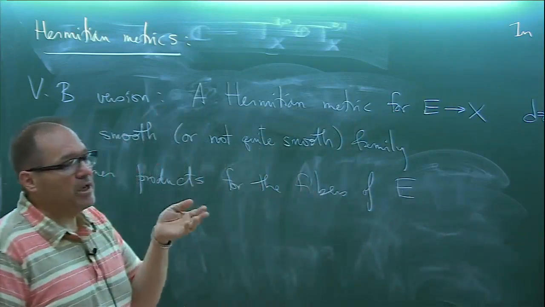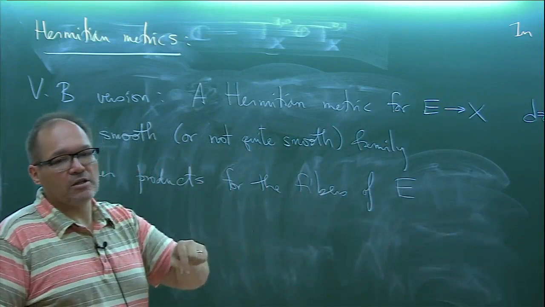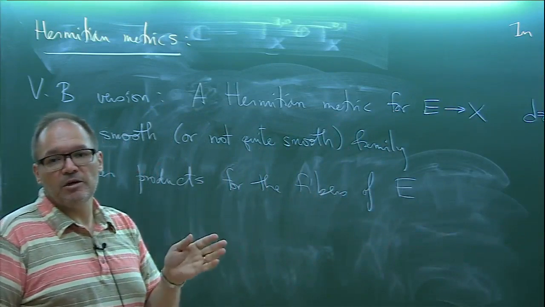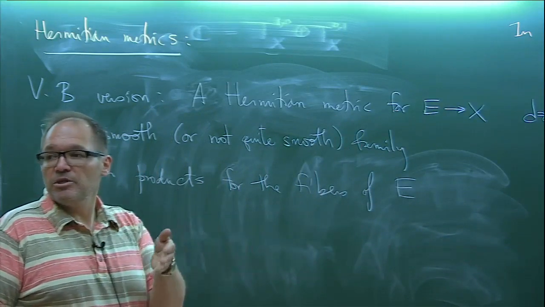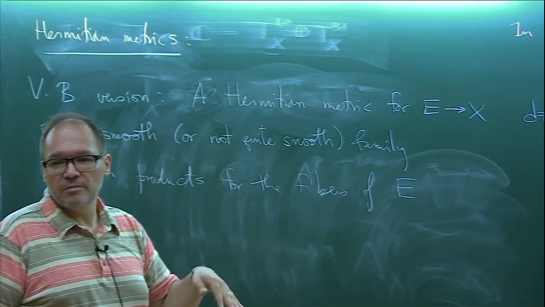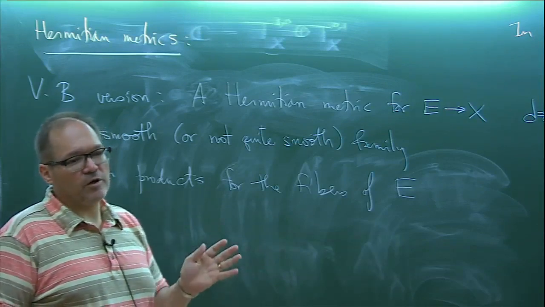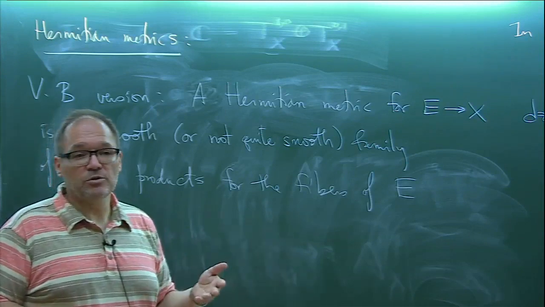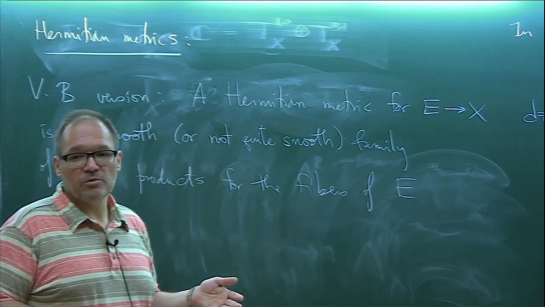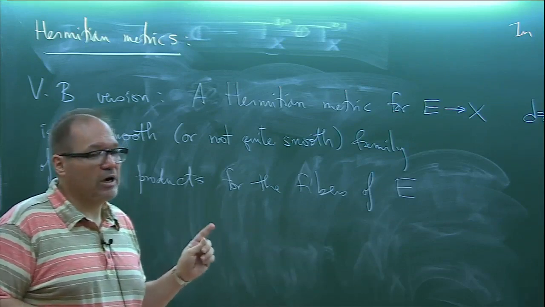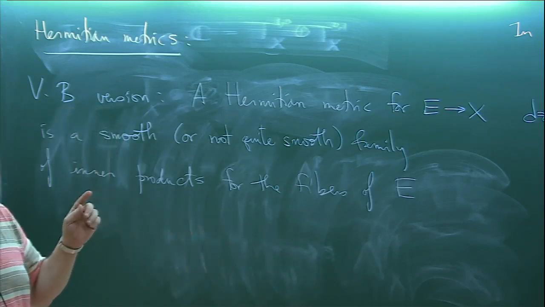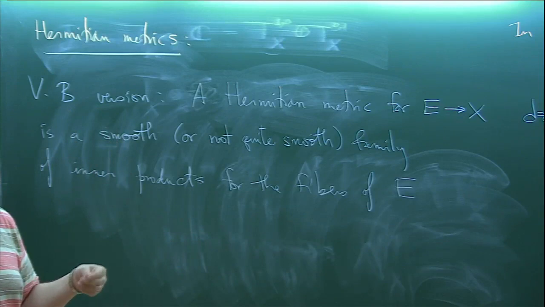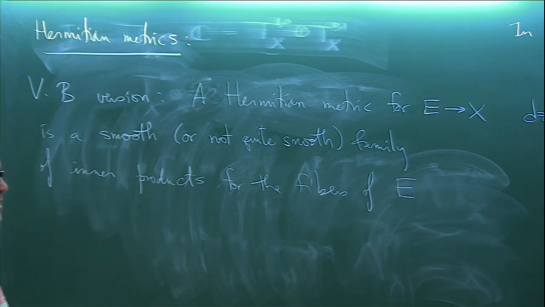That matrix will depend on the base point, and so it'll be a function into the Hermitian matrices from the base manifold locally. If that function is smooth, then you say that the metric is smooth. If that function is measurable, then you say that the metric is measurable. But the caveat is that you have to use the most regular possible frame to begin with. It can never be any smoother than the frame.